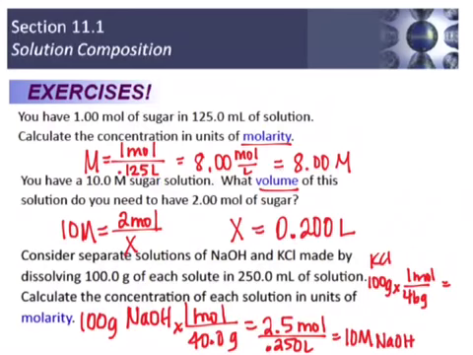Okay, KCl 74.35 and 40. Oh, I don't know why I put 46. 74. Because I missed that 7. So 74.6 grams per 1 mole. And that is what? 1 point what?